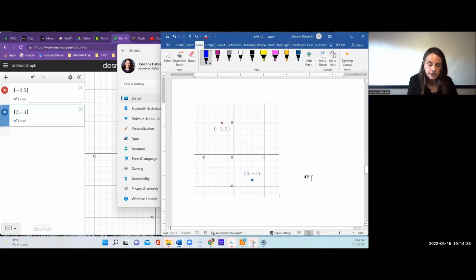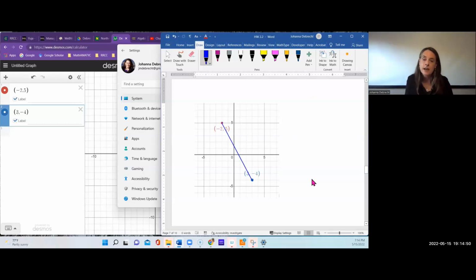Now, when I'm looking at this, the next thing I'm going to do is take my index card and connect the 2 points with a line. And then I want to read the line from the left side to the right side. So from the left to the right, this line goes down. That means I'm expecting the slope to be a negative number.